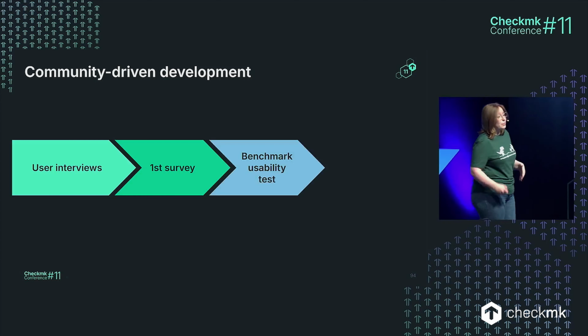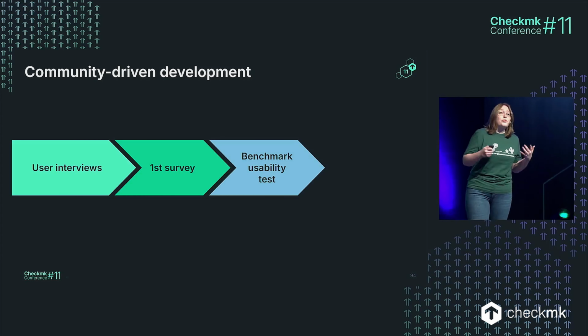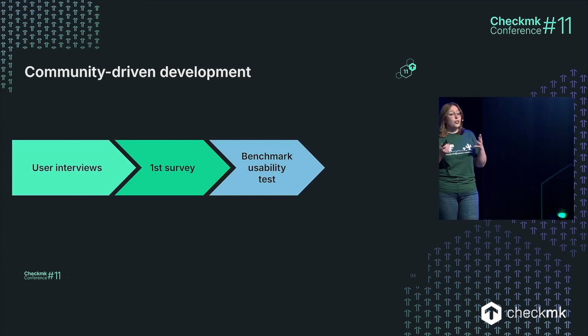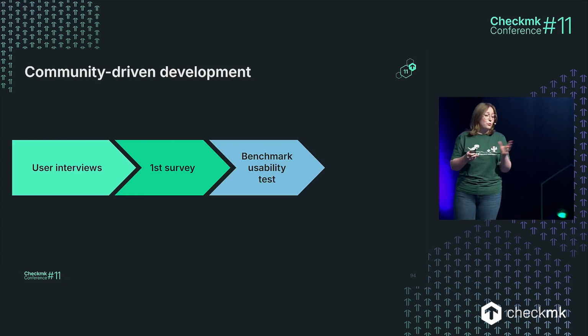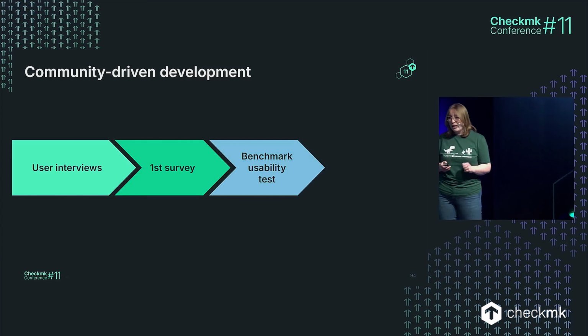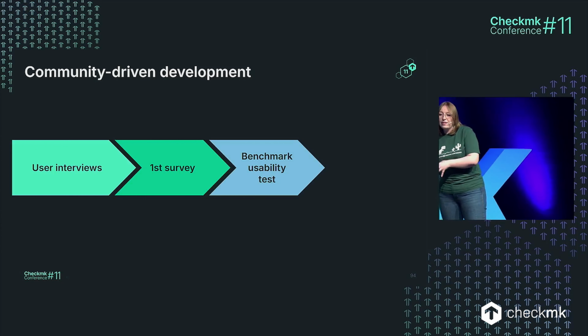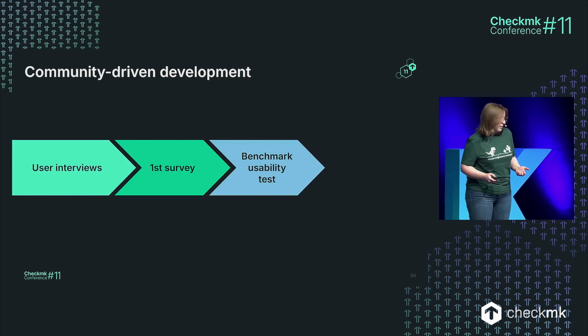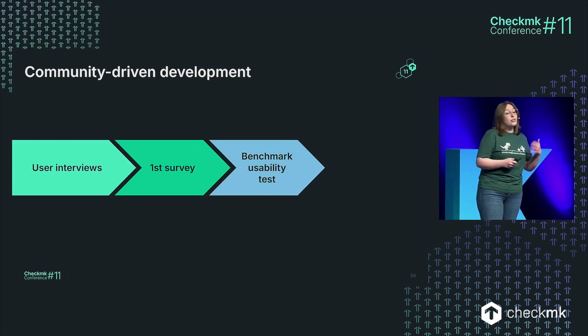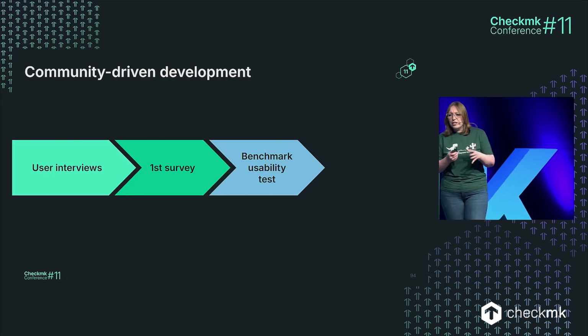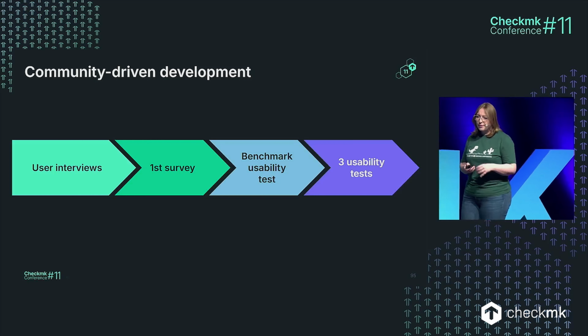So we ran a benchmark usability test, observing 9 users using the current 2.3 notification setup. This way, we could further identify problem areas and common mistakes during the configuration. Based on those insights, we iterated on the first concept and created a no-code prototype.